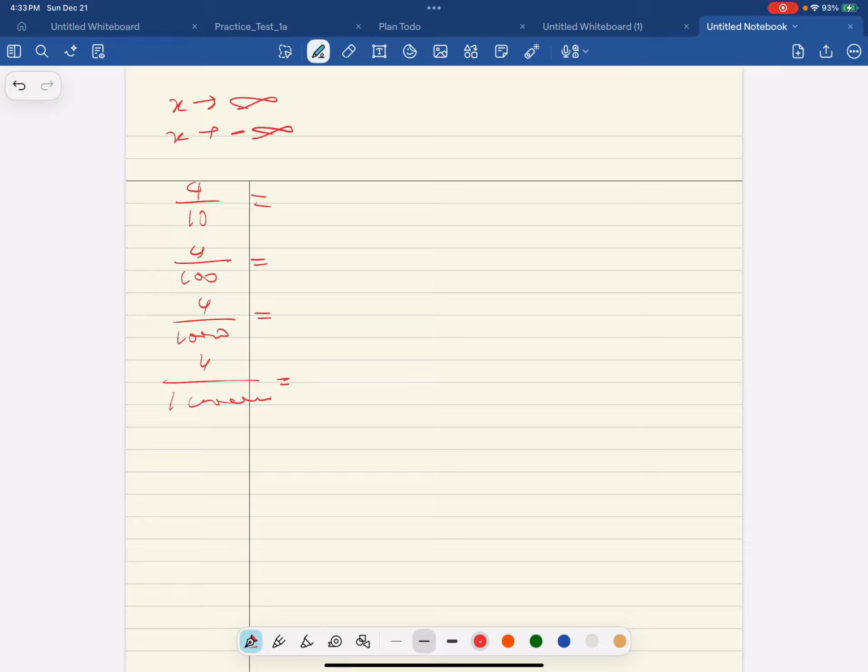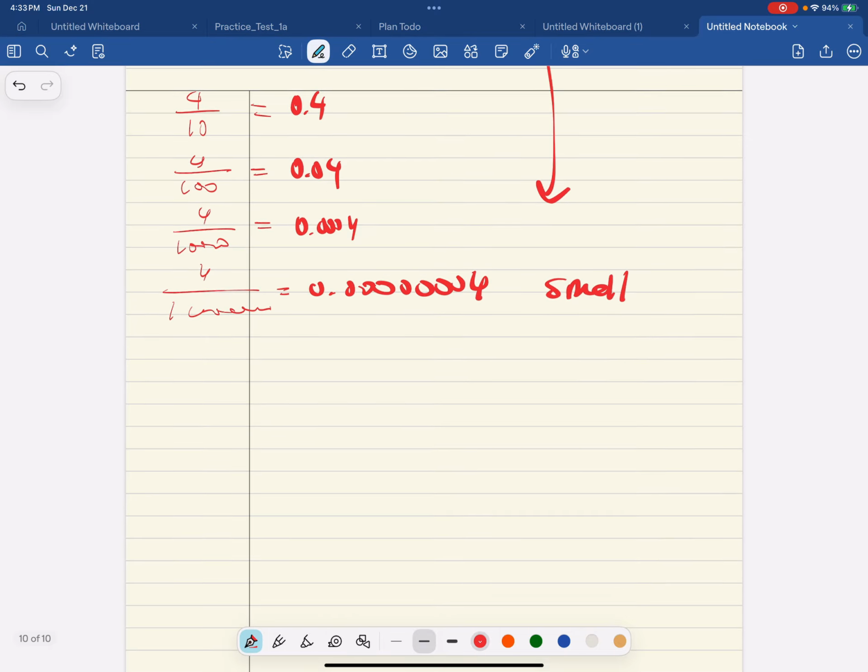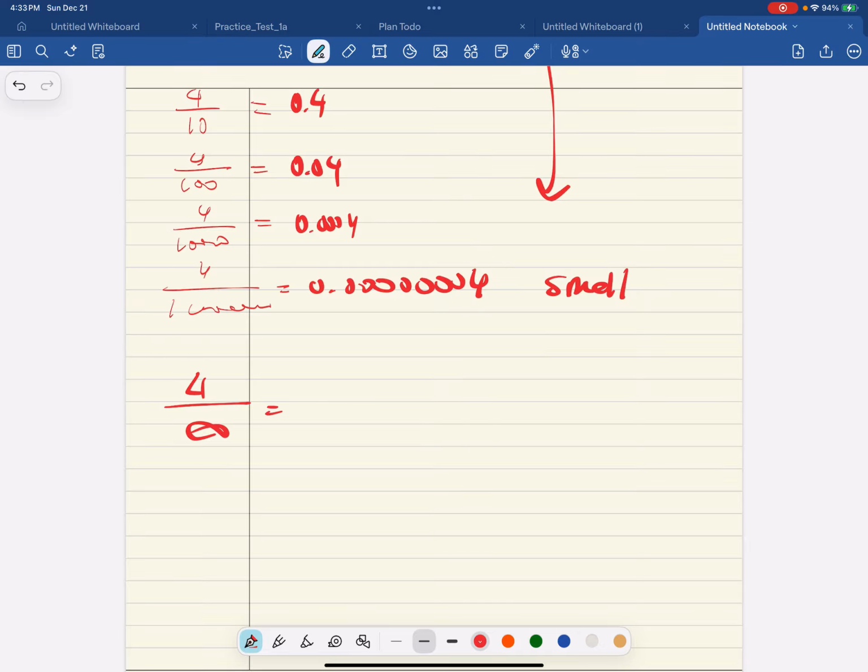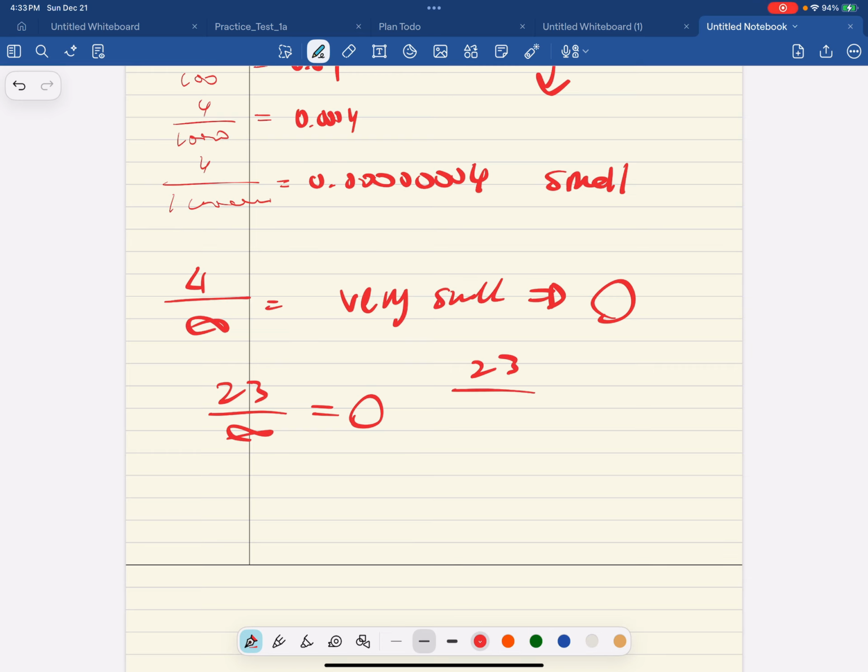Dividing by a big number will give you a very, very small number. So what happens if I divide 4 by infinity? It will become very, very small, and basically 0. If it's 23 divided by infinity, that's 0. And the funny thing is, 23 divided by negative infinity also gives 0. Why?